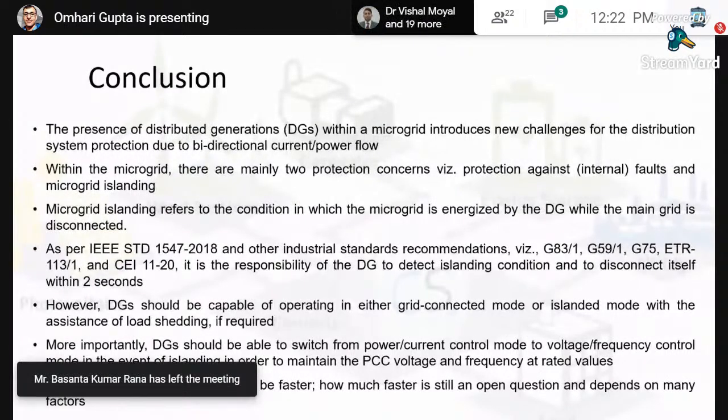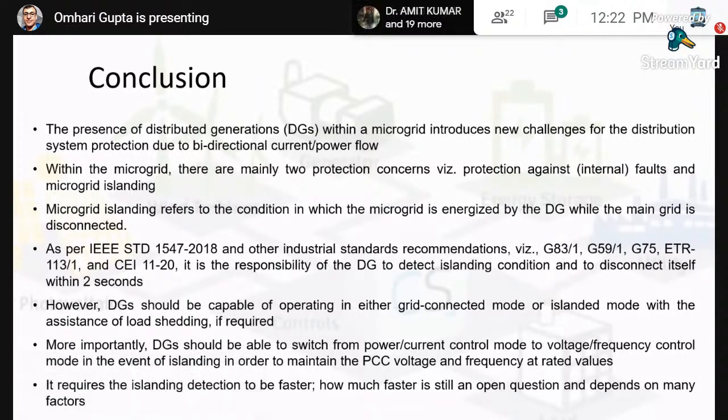Those are connected at the local level or close to the loads. And while doing so, you are actually reducing the transmission losses, and that gives you a lot of economic advantages.